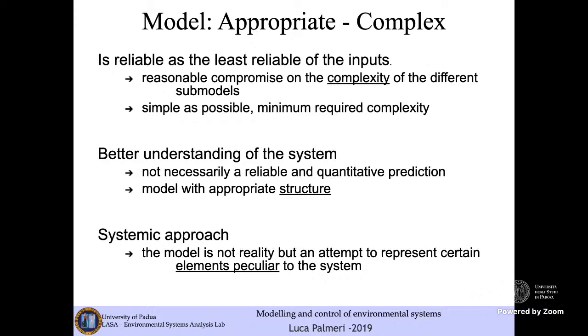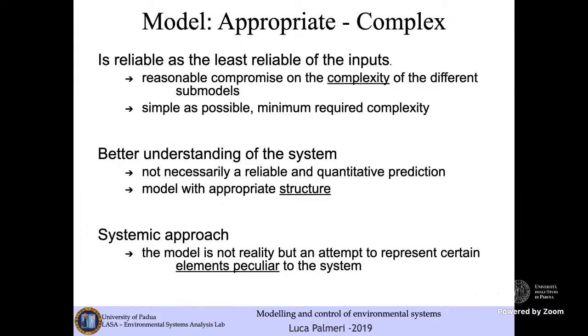We need a systemic approach. The model is not a reality, of course, but it is just an attempt to represent certain elements that are peculiar to the system. Which are these elements? It will be the modeler that will select these elements according to a target or objective of the model.